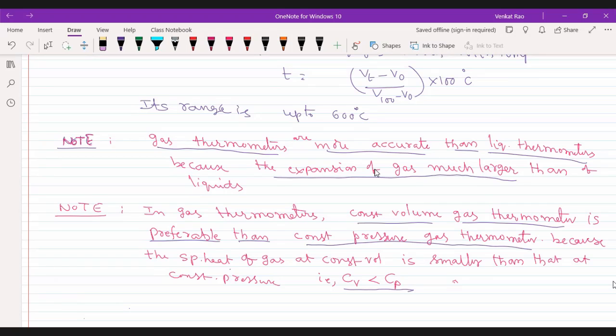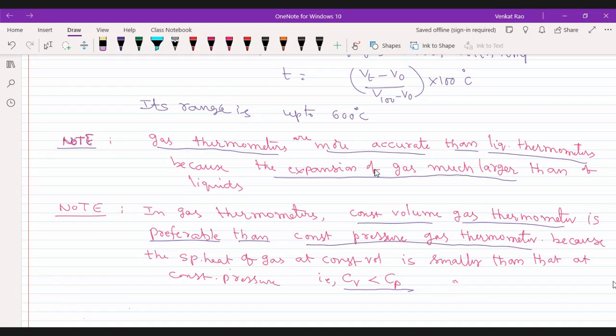Next line. In modern thermometry, only one reference point is chosen.